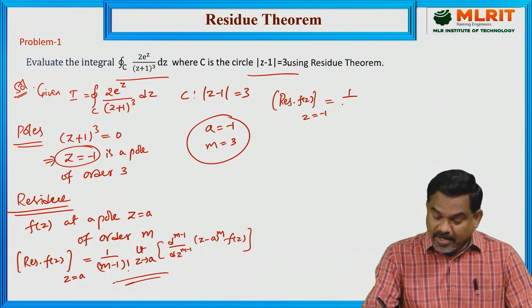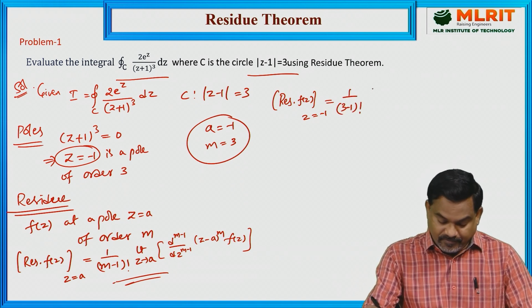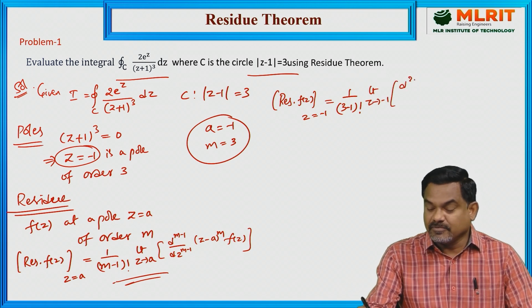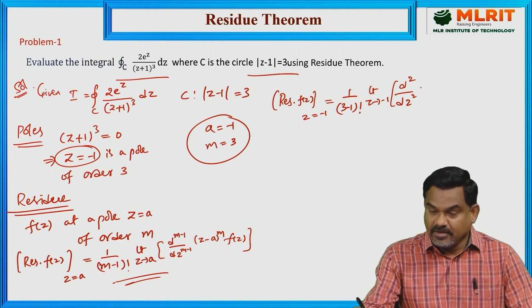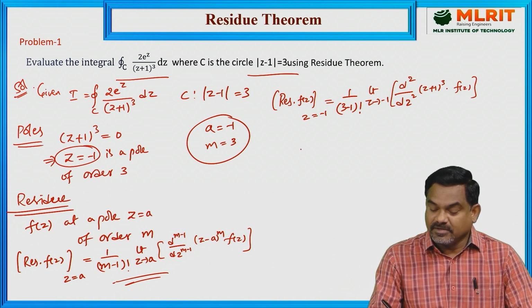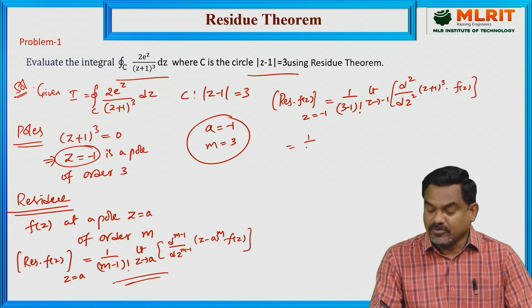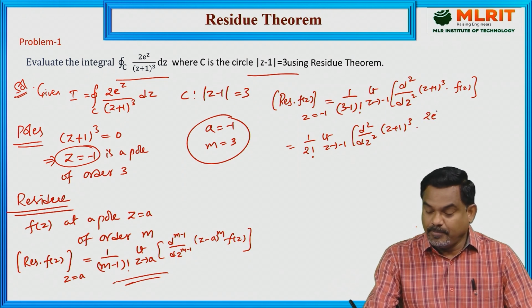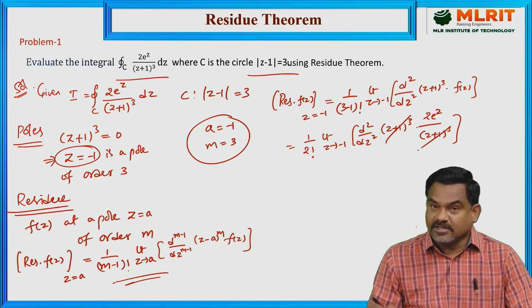So, 1 by 3 minus 1 factorial, limit z tends to minus 1, d power 3 minus 1, d square by dz square of z plus 1 whole cube into the function f of z. And what is the function here? So, 1 by 3 minus 1 factorial is 1 by 2 factorial, limit z tends to minus 1, d square by dz square of z plus 1 whole cube into 2 e power z by z plus 1 whole cube. So these two get cancelled.